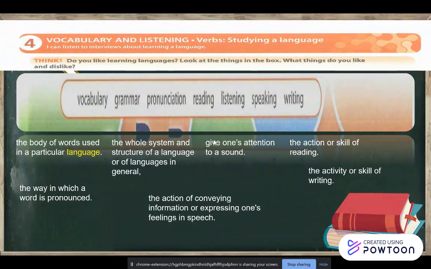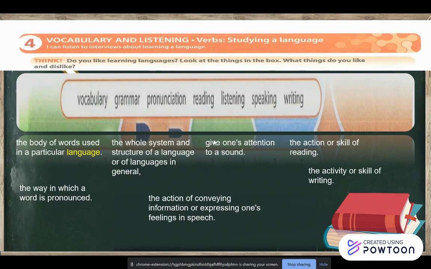Okay, for the first activity, because our lesson today is about vocabulary and listening, and we are using verbs to study a language. All right, so we are going to look at the basic words that we need in order to improve our language. So the words that we need is definitely you need your vocabulary.